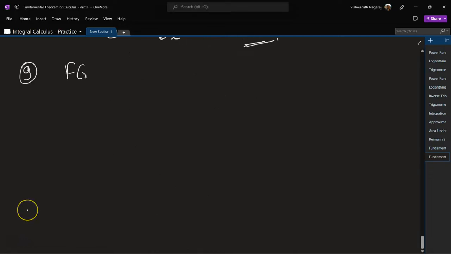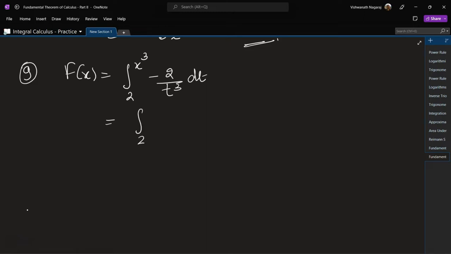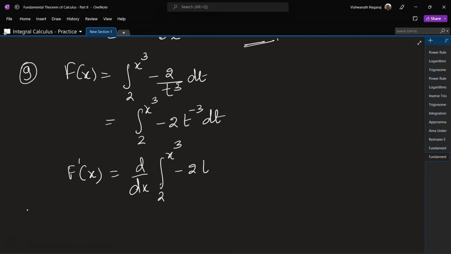Ninth one, capital F of x is equal to integral from 2 to x cube of minus 2 by t cube dt. This can be written as 2 to x cube minus 2t to the power of minus 3 dt. Now let's differentiate it. We get d by dx of integral from 2 to x cube of minus 2t to the power of minus 3 dt.